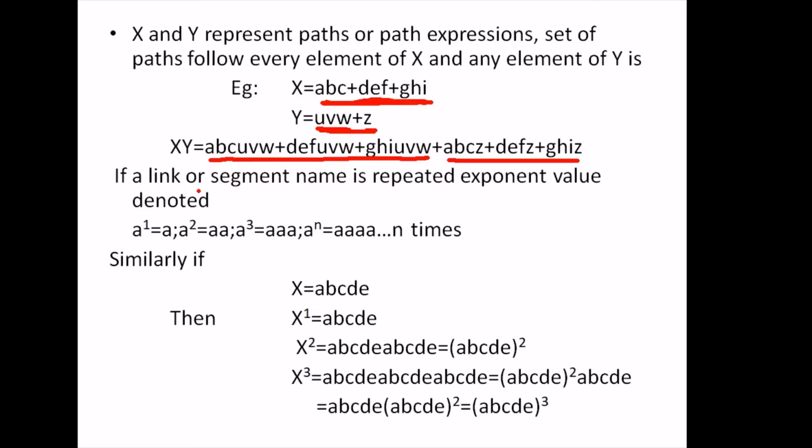If a link or segment name is repeated, exponent values are used. So here if we are repeating a name or a segment, we define A to the power of 1 as a single letter A, A squared as 2 A's, A cubed as 3 A's, and so on up to N, A to the power of N. So N times A is repeated N times.